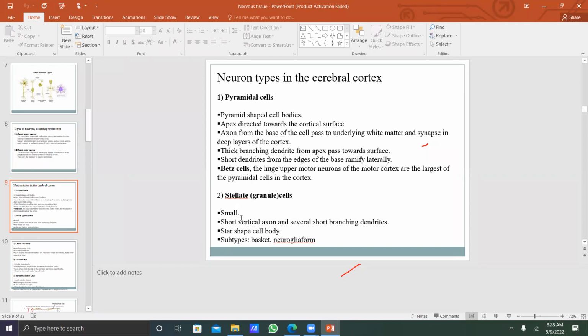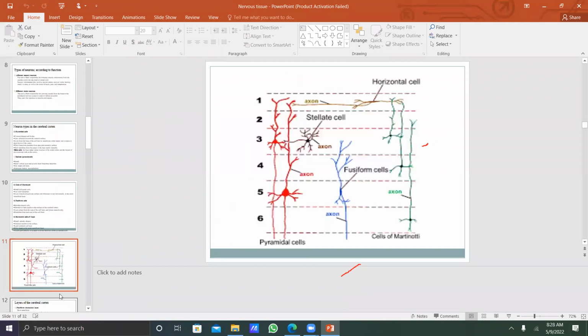The second cell type is the stellate cells or the granular cells. These are rather small compared to the pyramidal cells. And they have a short vertical axon and several short branching dendrites. They have a star-shaped cell body. This is a stellate cell.